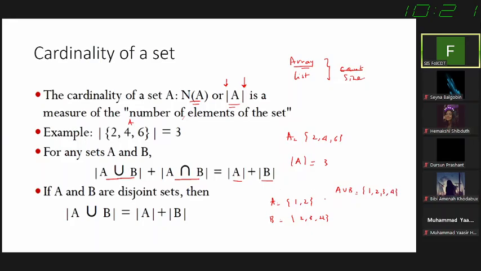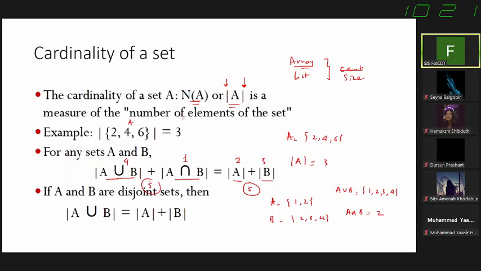So the cardinality of that is 4. A intersection B is 2, so the cardinality of this one is 1. So the sum is 5. The cardinality of A is 2, and the cardinality of B is 3. So that's 5 as well.